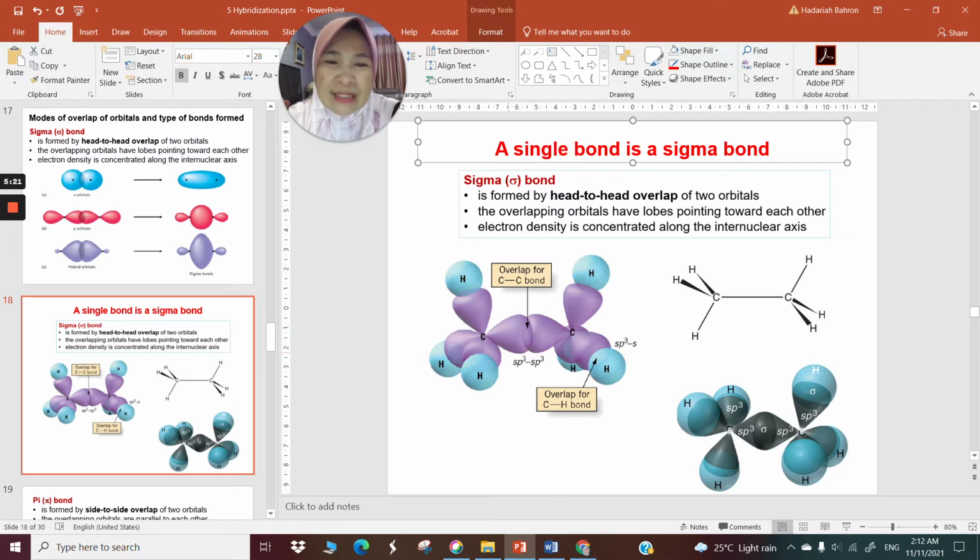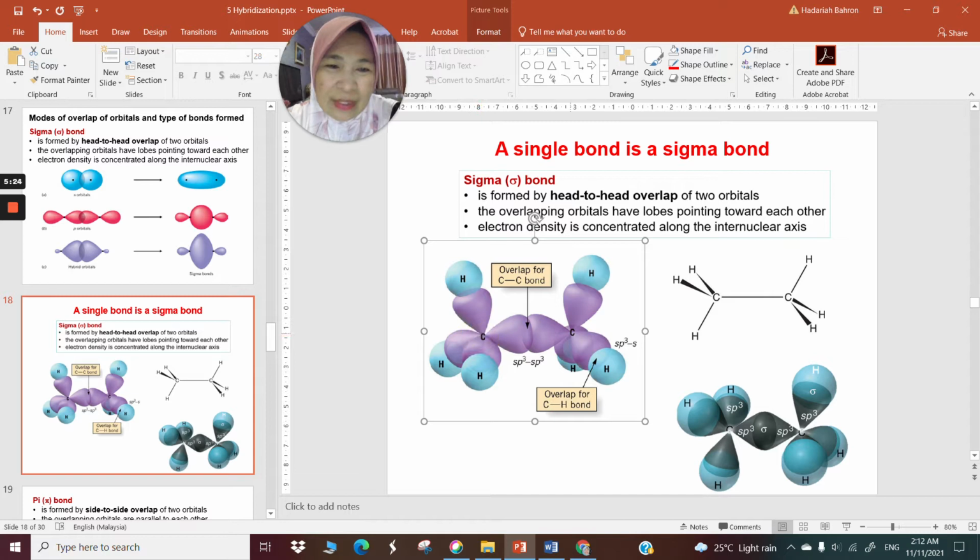So this carbon, when it is making a bond with the second carbon, you're going to have an overlap. This looks like sp3 to me. Do you recall my hybridization lecture in lecture 7? Look at this carbon atom. You have one lobe, 2, 3, and 4.